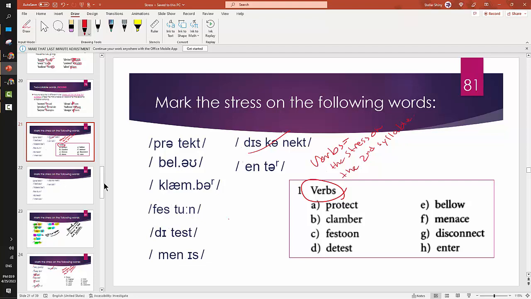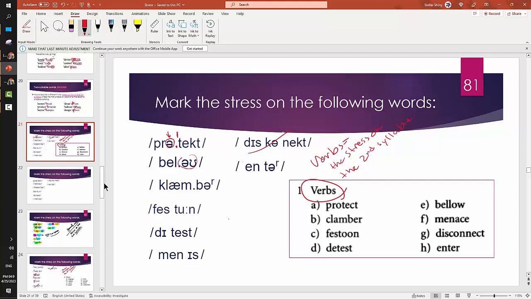Okay, protect. As a general rule, we will stress the second syllable. If I don't know the general rule, I will see here, like protect, two syllables. We have schwa sound. We cannot stress weak syllables, so we'll put the stress on the second syllable. Okay, what about below? So we have bi-lo.